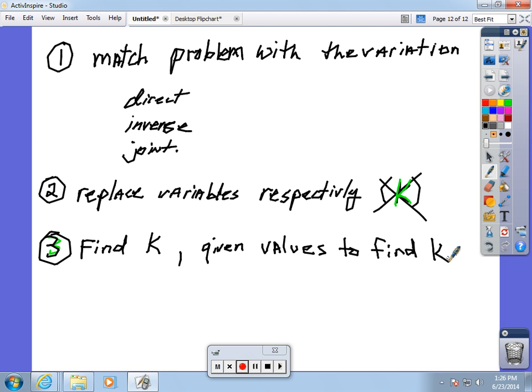Now, some questions will just ask you to find K. So you might want to highlight that one, yellow. The reason we need to highlight it is because some questions will just ask you to find K. There'll be some in your homework that might just ask you to match it with the formula.